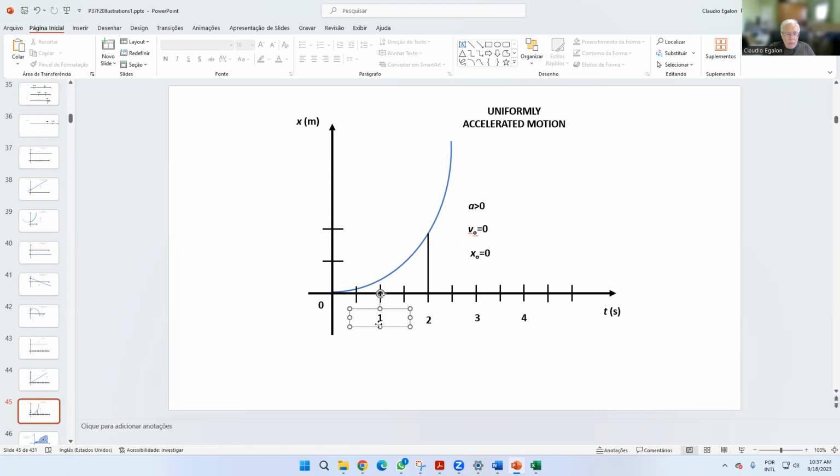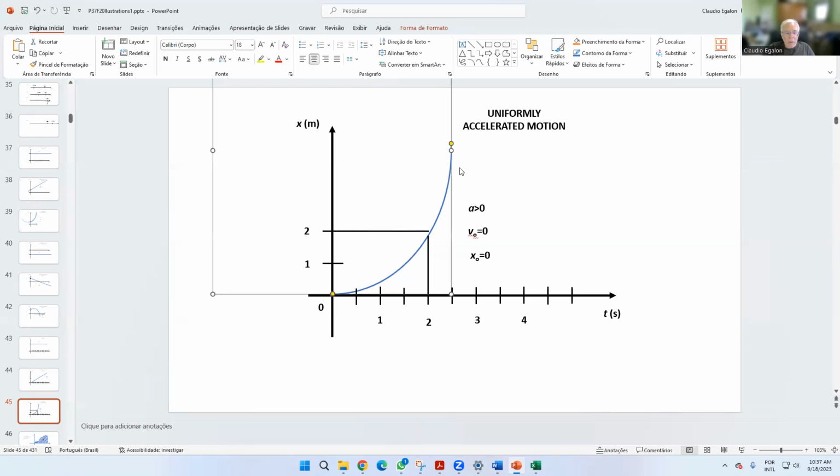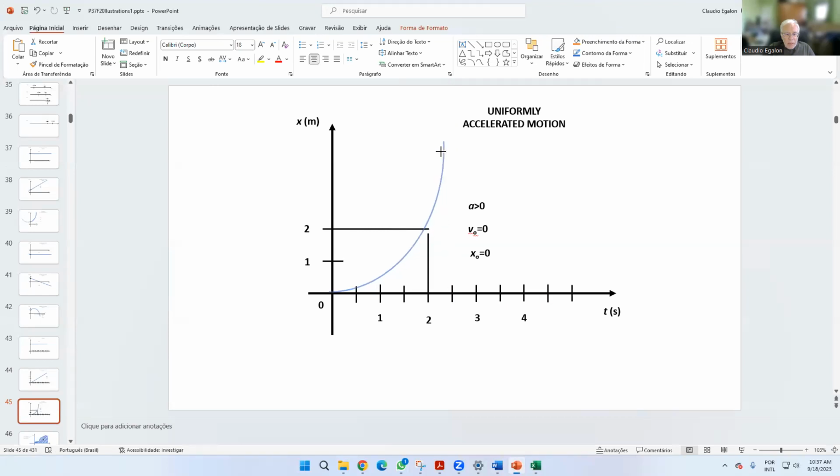That is 2 meters. Meters. And what do we do? We're going to shrink it a little bit. Yeah, right? The 2 seconds. Yeah, we got it, right? It looks like we did.